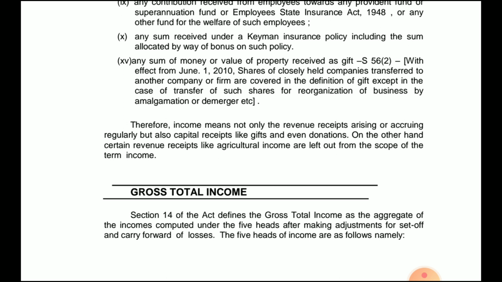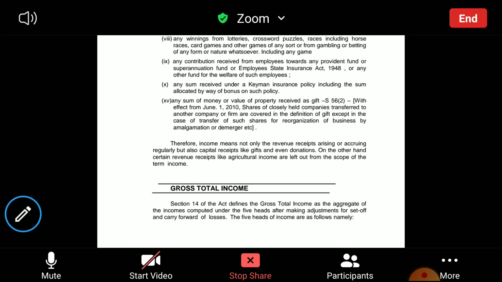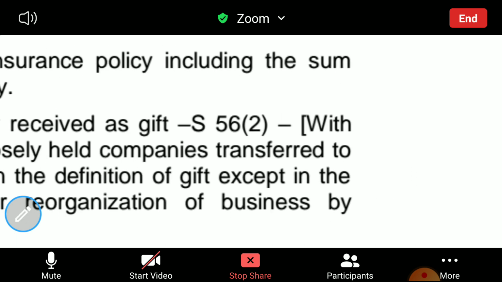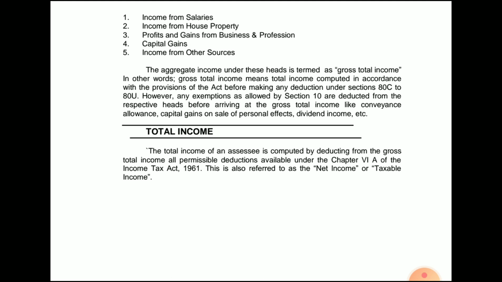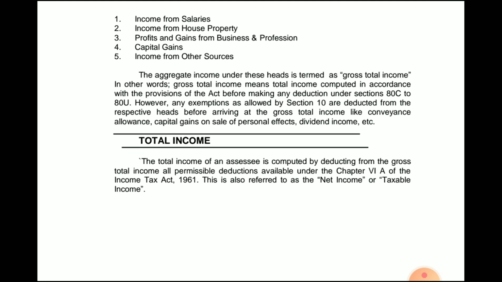The five heads of income are income from salaries, income from house property, profits and gains from business and profession, capital gains, and income from other sources. When you total these five heads and then do set off and carry forward of the losses, the total you finally get is called gross total income or GTI.